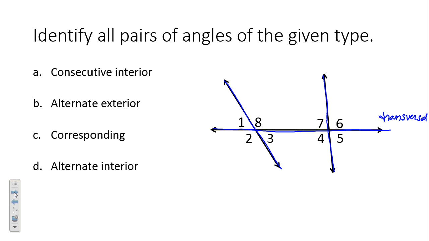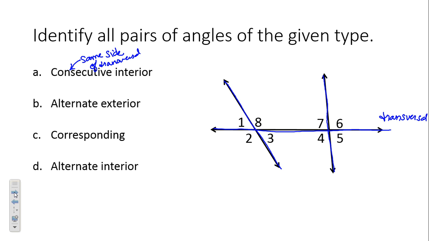So first of all, we're going to talk about consecutive interior. Consecutive means on the same side of the transversal, the same side of the line that intersects those two lines.